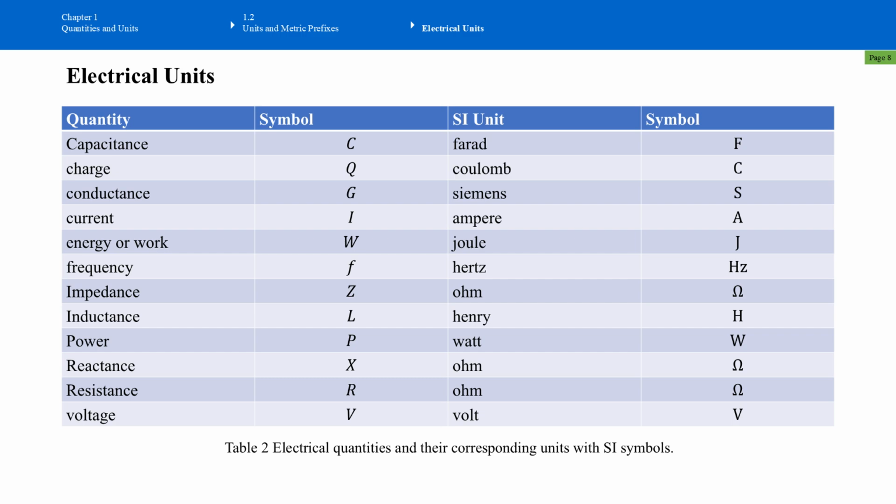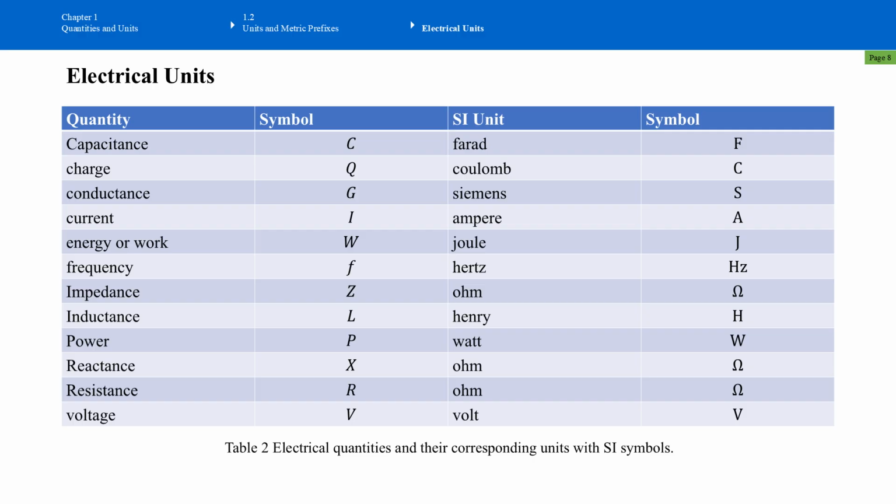The symbol is the first letter of the word, C, and make sure it's uppercase. The unit is farad. Also, the symbol uses uppercase F. And then we have charge, conductance, and so on. Not all units are going to be used in the DC class, so hopefully you won't be overwhelmed.